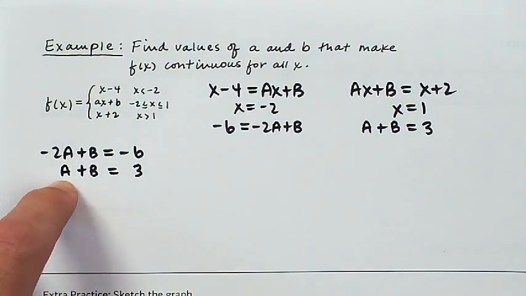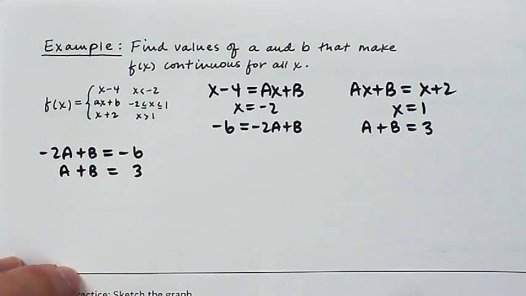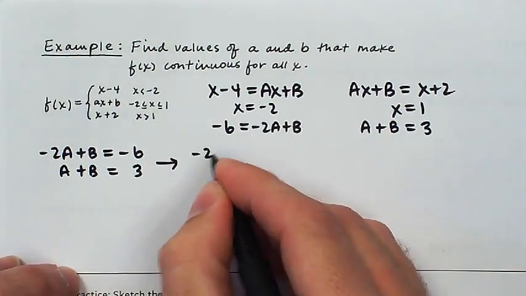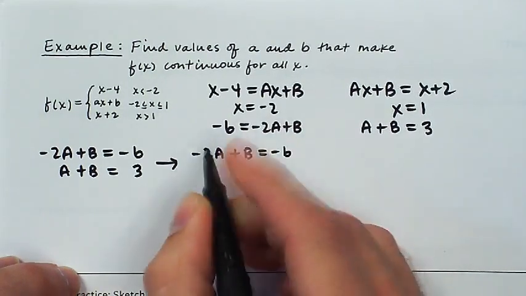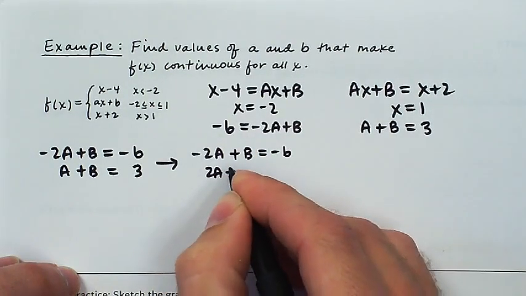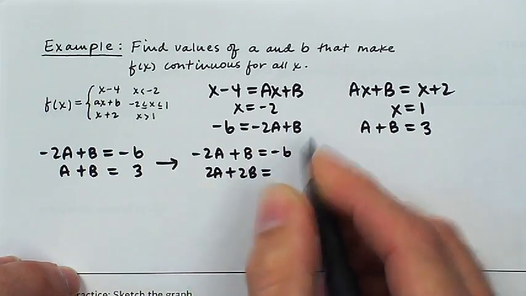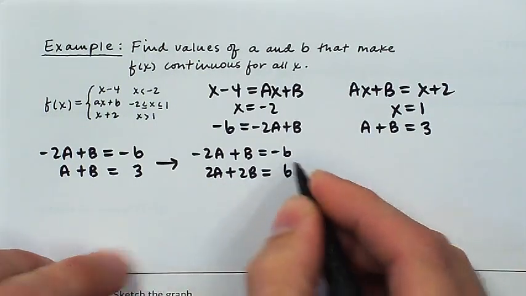I'm thinking I'm going to double the second equation so I can have -2a and positive 2a. Positive 2a, positive 2b equals 6.